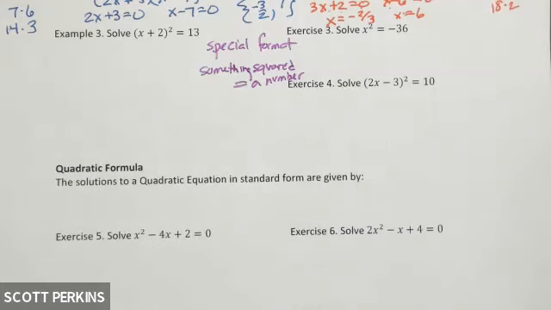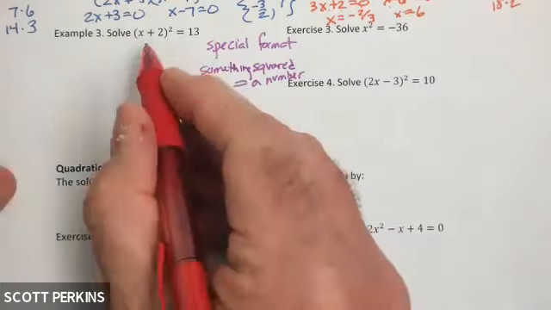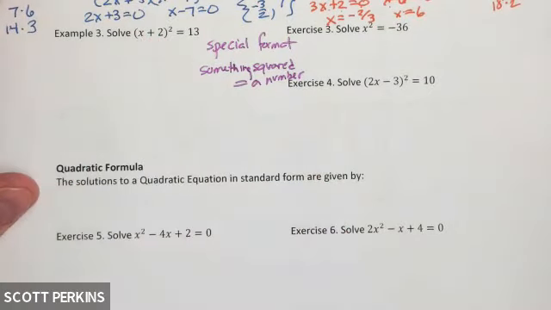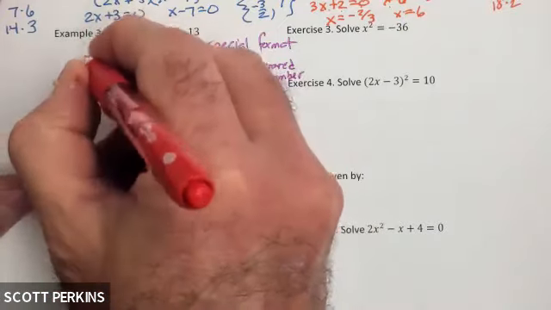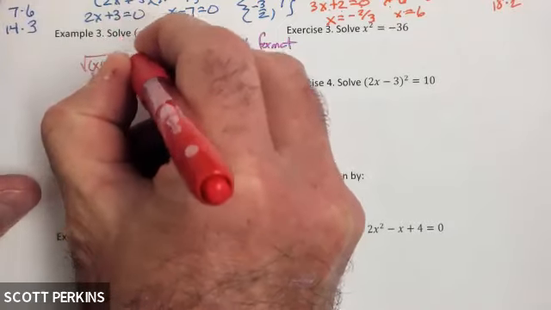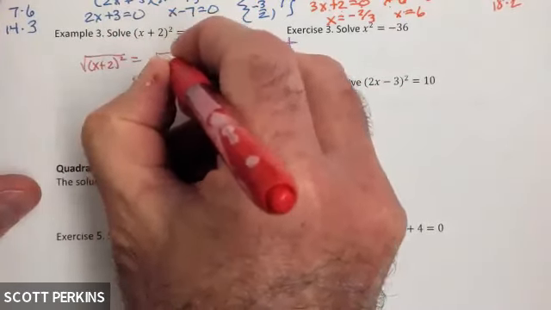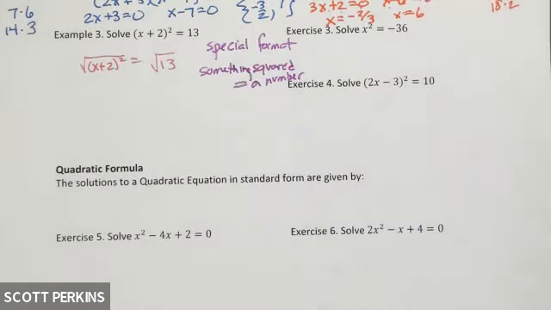When that is the case, here's what you can do to solve. I've got x plus 2 squared equal to 13. What I'm going to do to both sides of this is take the square root. So I'm going to have the square root of x plus 2 squared is equal to the square root of 13. Now, if you employ this method, you have to remember this one thing.